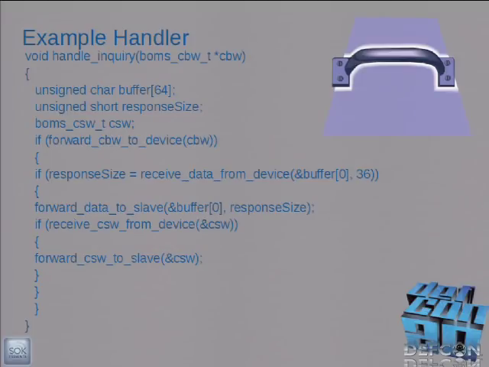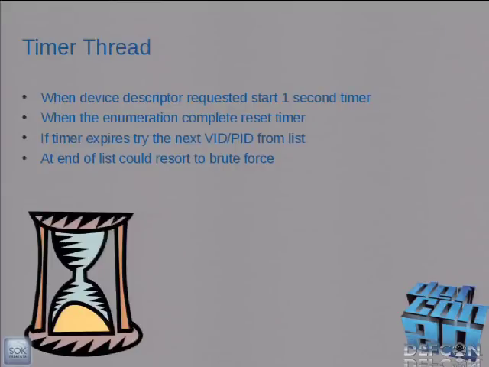It's not rocket science here. The timer thread, as I said, will get started, and it will wait for additional queries for descriptors, and it will get reset if the device actually got fully enumerated.